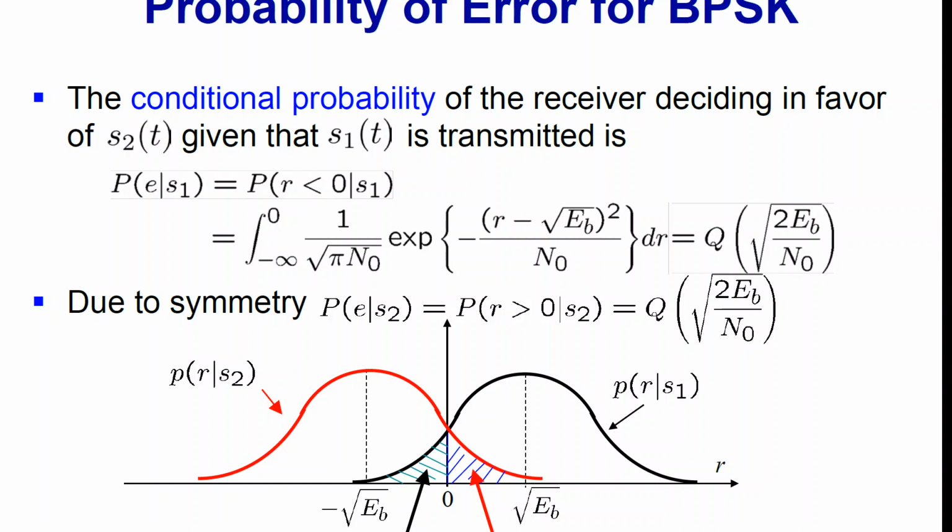So that Gaussian is drawn here. So you have two Gaussians. This is P of R given S1, the probability of R, that is the received signal, given S1 was sent. The probability that R takes the value root EB, the mean, is the highest, and as we move along the tails this probability decreases.